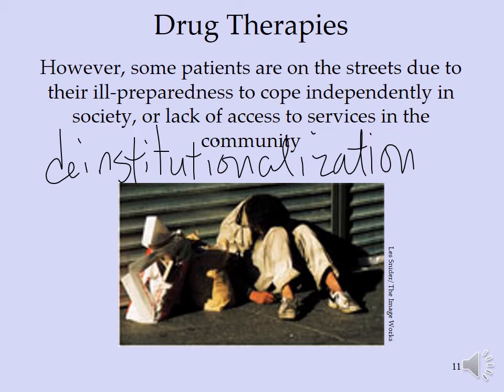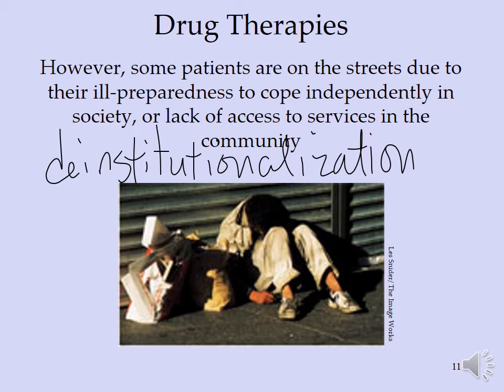Part of the idea of deinstitutionalization was that a person who was released from the mental hospital would be able to get what treatment they needed at community mental health centers. And these were to be offered in each community, where the person could get the medications that they needed, possibly some psychotherapy if needed, and also be connected with services they might need, such as housing or things like that.